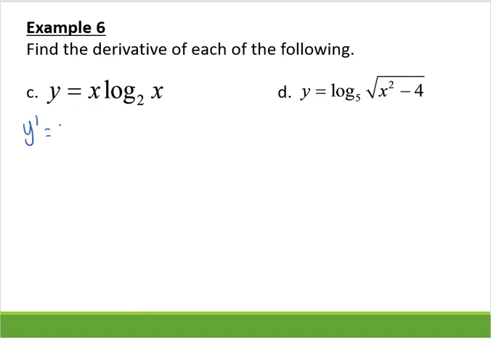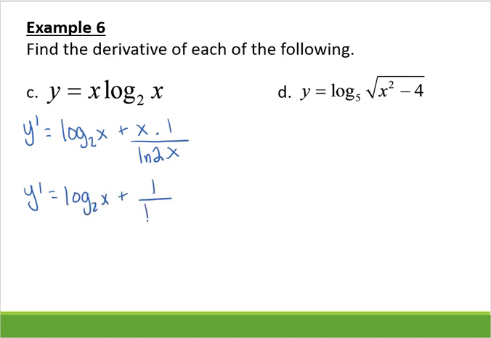So I like the derivative of the first, which is 1, times log base 2 of x, plus, leaving the first alone, the derivative of the second, 1 over x ln of 2. Now we can simplify that a little bit. The book is going to do a lot more simplifying, so just as a heads up, that's what I get for that one.